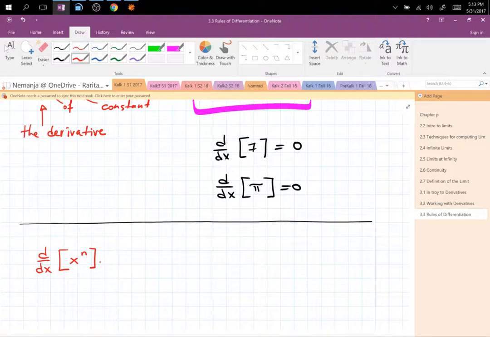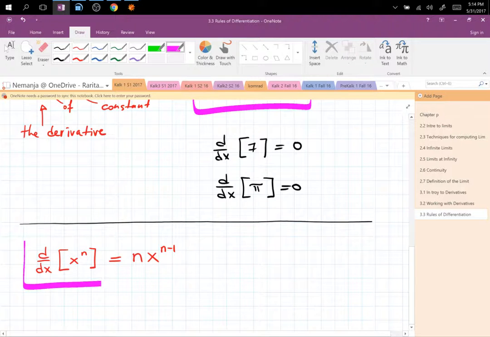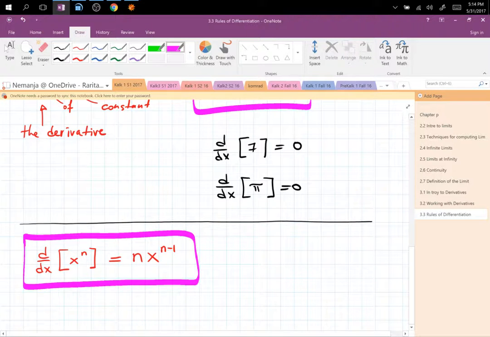So all of the exponents that you find on x fall into this category. And the answer to that one is n x to the n minus 1. You will be subtracting 1 from the exponent. Now, this is the one that you would use most of the time, and you'll be very familiar with it.